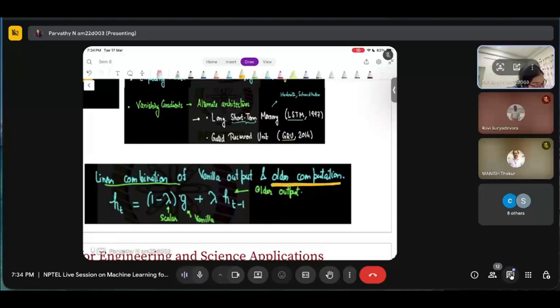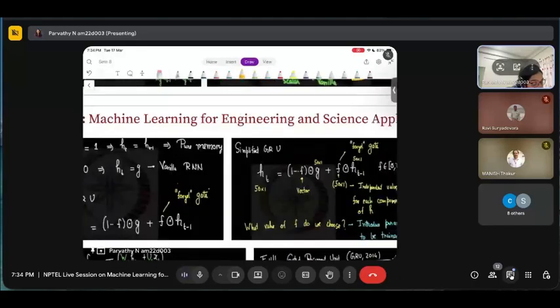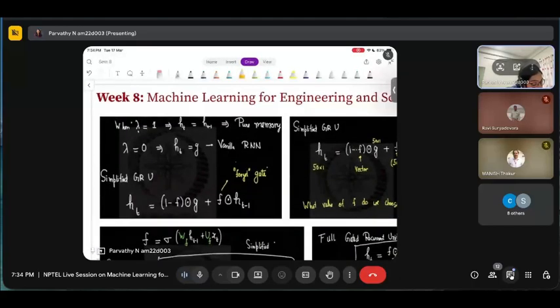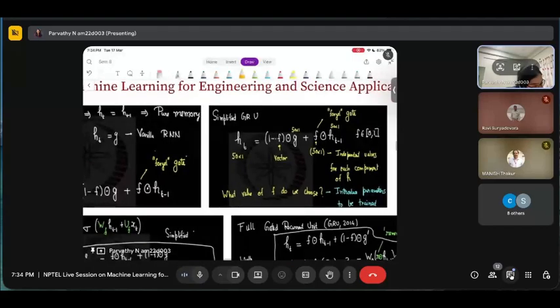That is, we take one parameter, 1 minus lambda times the vanilla output and lambda times whatever was the past ht value. Now, how do we find this lambda value?